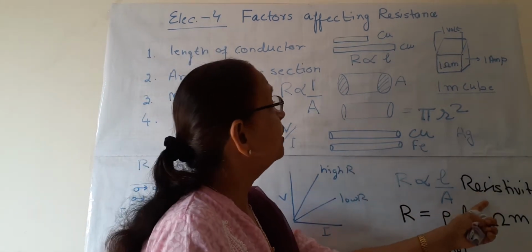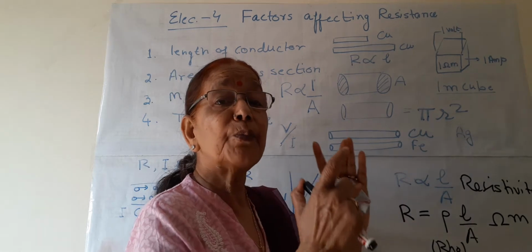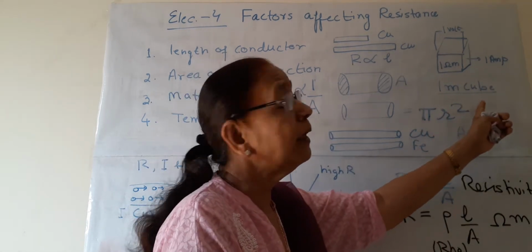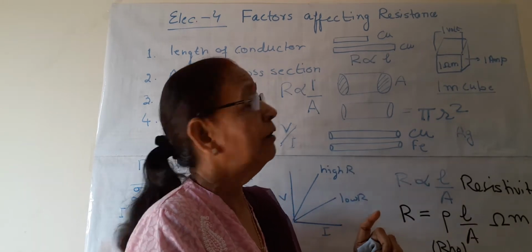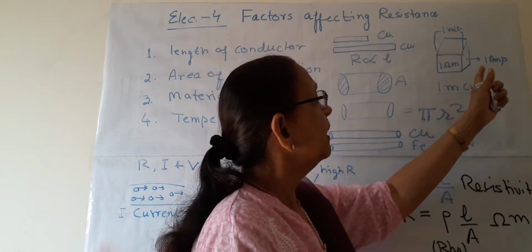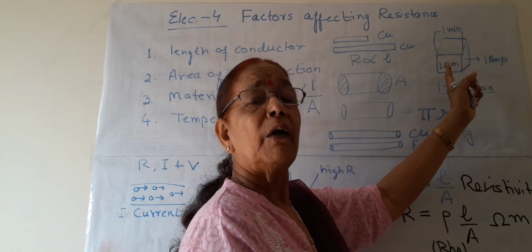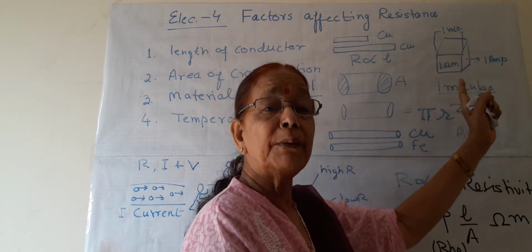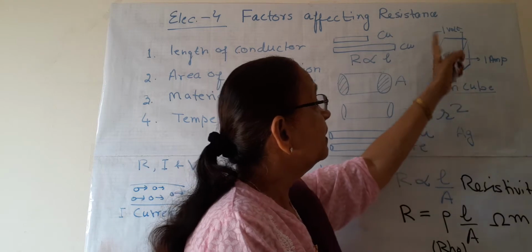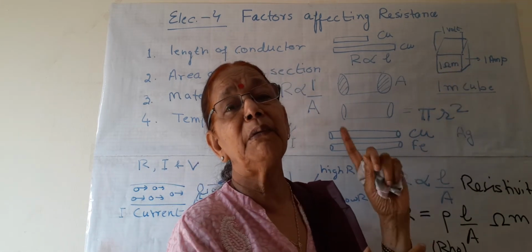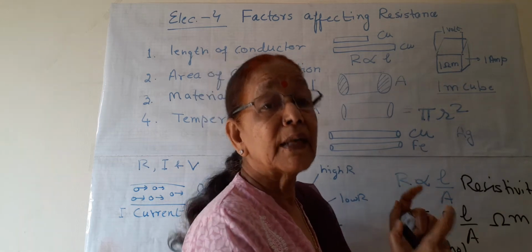So resistivity is also known as the specific resistance of a meter cube of material. What does it mean? The length should be 1 meter and the area of cross section should be 1 meter squared. Then this cube will have a resistance equal to the resistivity.